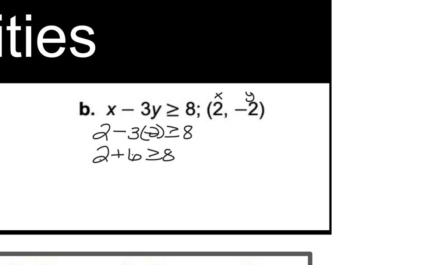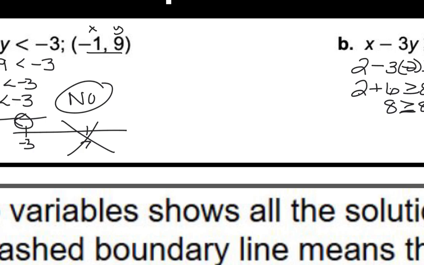So 6 plus 2 is 8. So is 8 greater than or equal to 8? Yes, they're equal, right? If that line wasn't there, then it'd be no. But they are equal, so yes, (2, negative 2) is a solution.